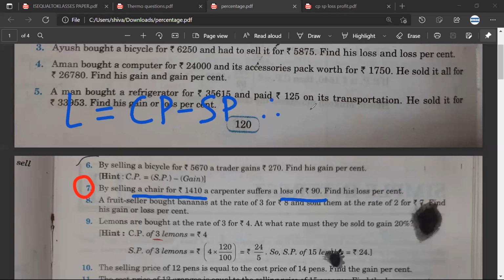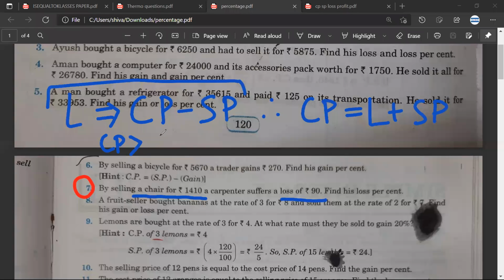Okay. So you are absolutely correct. The loss is cost price minus selling price. The way to remember this is because you have made a loss, your cost price would be more than your selling price. That is why the cost price will come first and the selling price would come later.